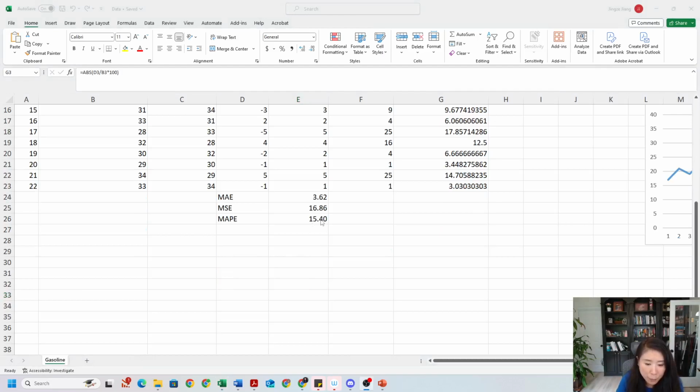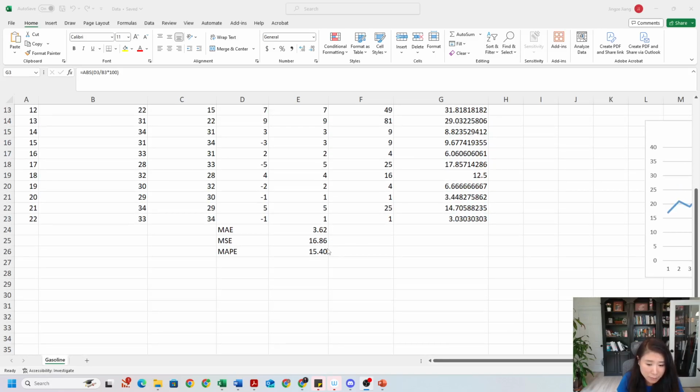The 15.4 here versus the MSE of 16.86 are very different. 15.4 here is a percentage; remember, we converted everything to a percentage. So basically, on average, the predictions are off from the actual values by 15.4%. For the MSE, 16.86 is actually a very large value, and there's no percentage involved.